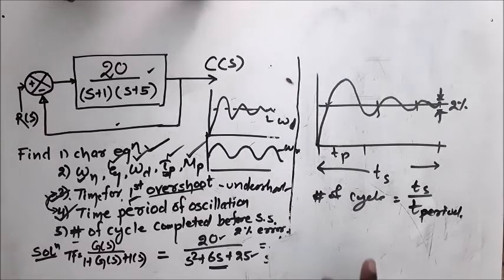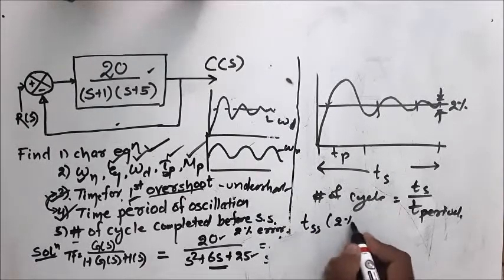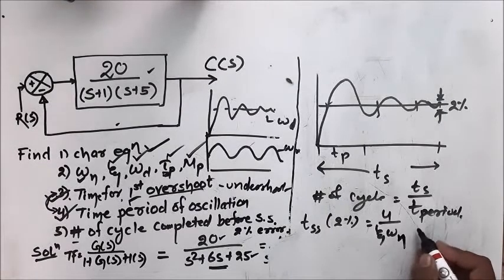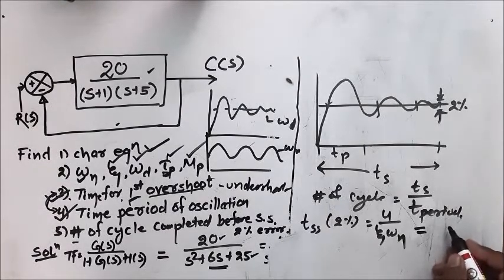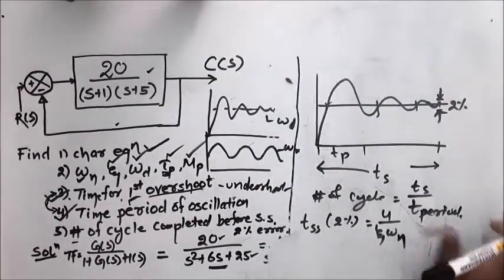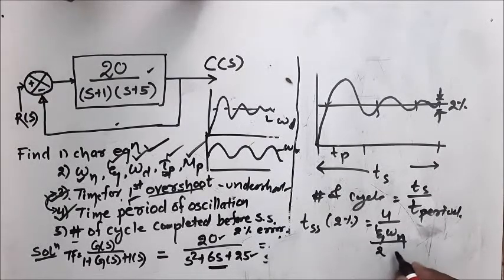Using the formula, the settling time Ts for 2% error will be 4 divided by zeta omega n. Substituting this value, we find Ts, and the time period of oscillation Tp will be 2 pi by omega d.